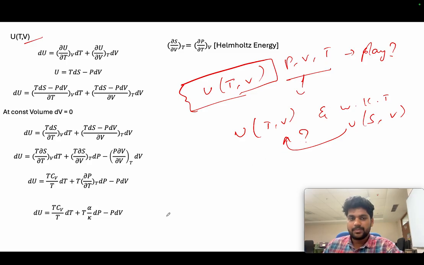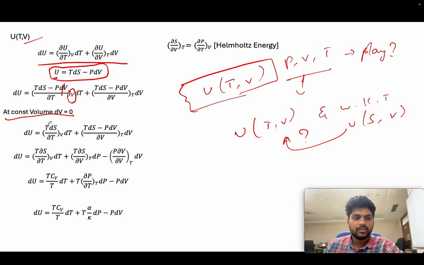By using the second method, you can apply the Euler's formula: du = du by dt at constant v dt plus du by dv at constant t dv, and we also know that du equals TdS minus PdV. So I apply it here, and at constant volume dv will be 0, so this will get cancelled.